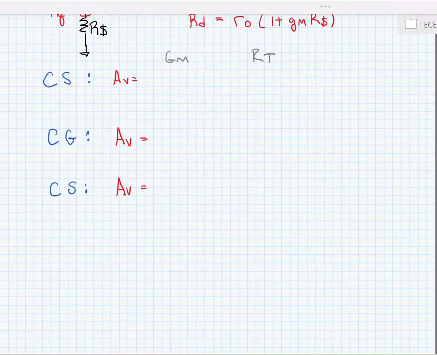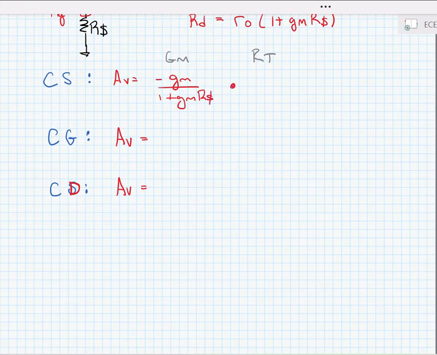We can now write the voltage gain for a CS common source, CG common gate, and CD common drain amplifier. The Gm for a common source amplifier is gm divided by (1 + gm R_S).